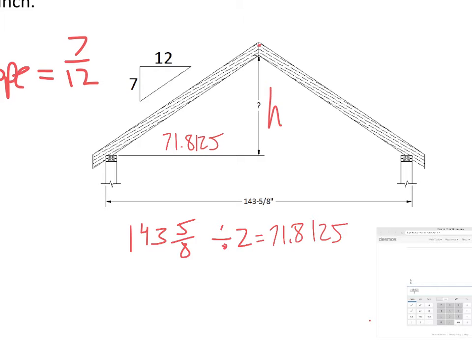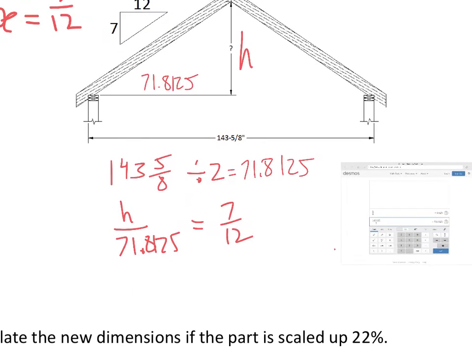And we've got a height here, we'll call it h, or you could call it x if you wanted. So we have the ratio of h to 71.8125 is equal to 7/12. Those have to be proportional.